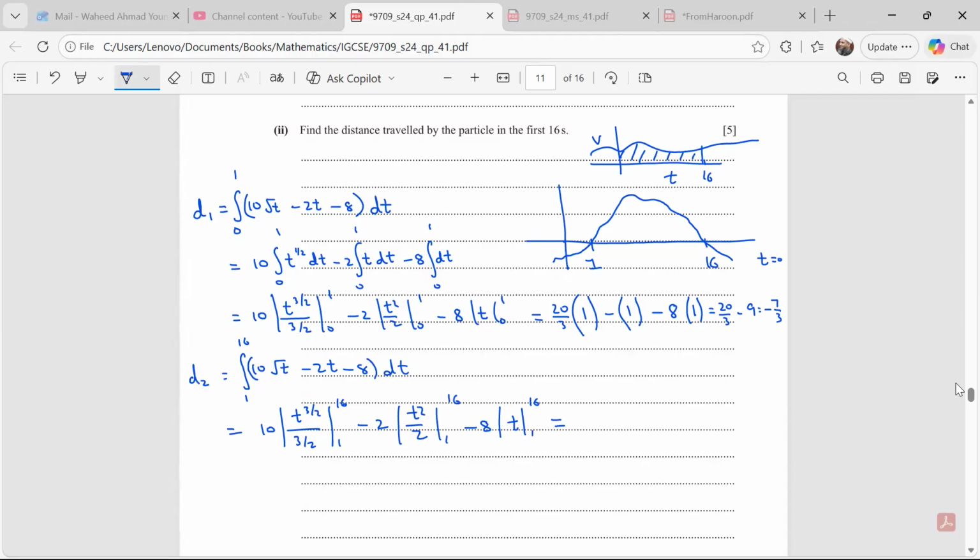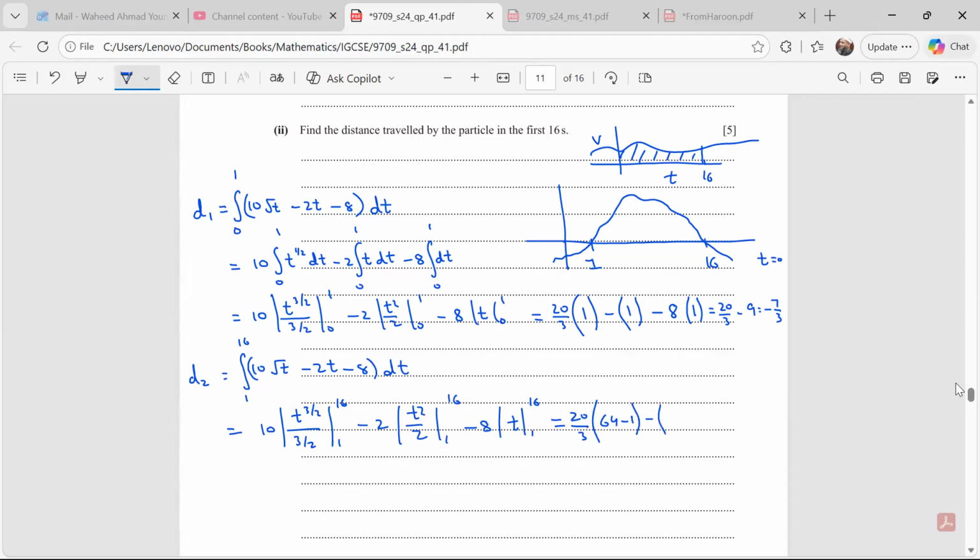So this is going to be 20 over 3. When I put the upper limit, 16 power 3 by 2, 16 power 1 by 2 is 4, and 4 power 3 is 64. And when I put the lower limit, it is 1.